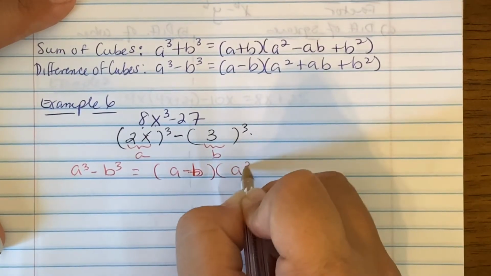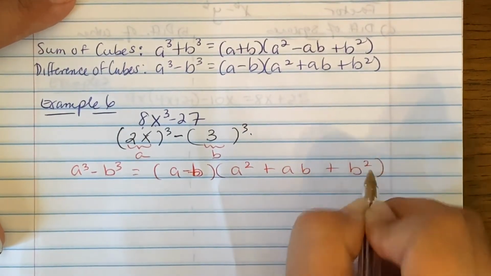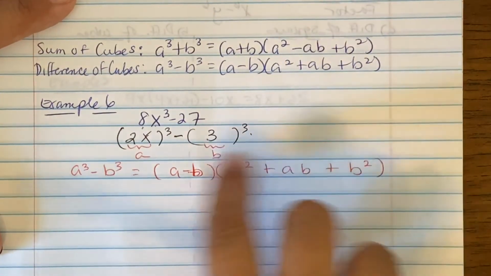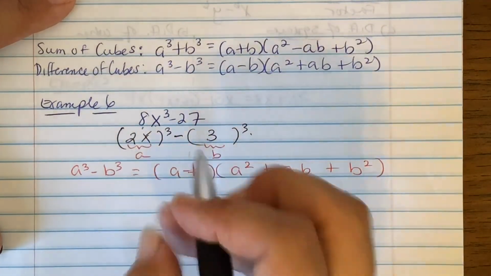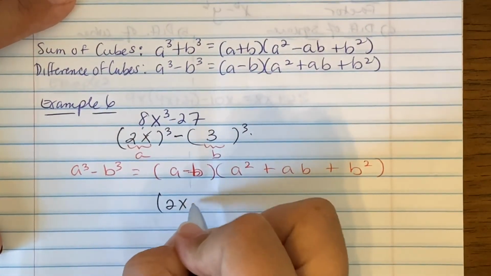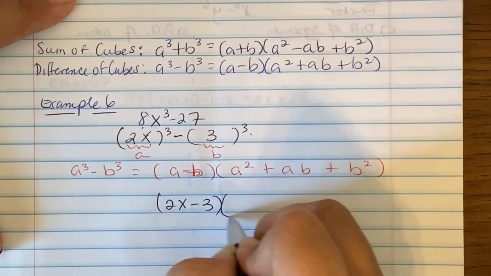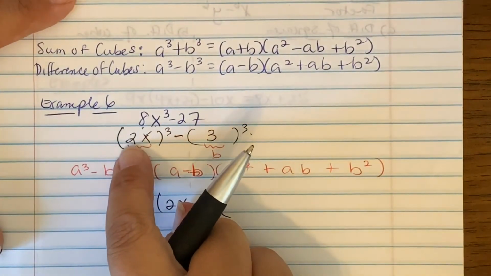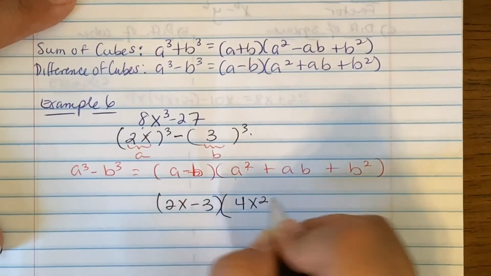We have an a cubed minus b cubed situation, which means the formula breaks down to a minus b times a squared plus ab plus b squared. So these patterns are going to determine what's going to go inside. So it goes a minus b. Well, a is 2x, b is 3, so my first parentheses is 2x minus 3, and I'm done with that part. The second one says it's a squared. Well, a is 2x. 2 squared is 4, x squared is x squared, so I'm going to write 4x squared.